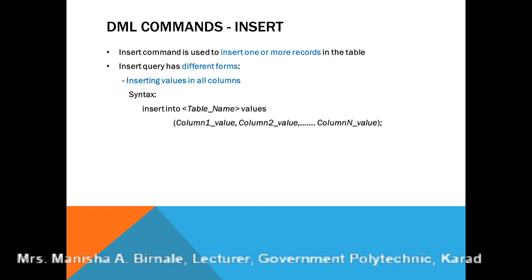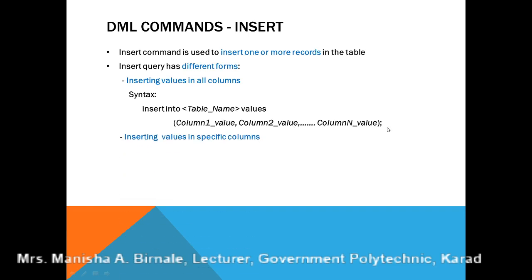Then this is the syntax for insert: insert into, after that the table name, then the keyword values is used, and in round brackets the values for all columns are specified. Column 1 value, comma, column 2 value, and so on. The command is terminated by a semicolon.